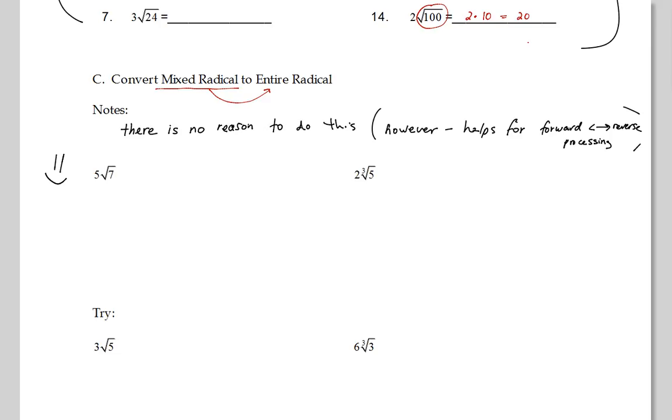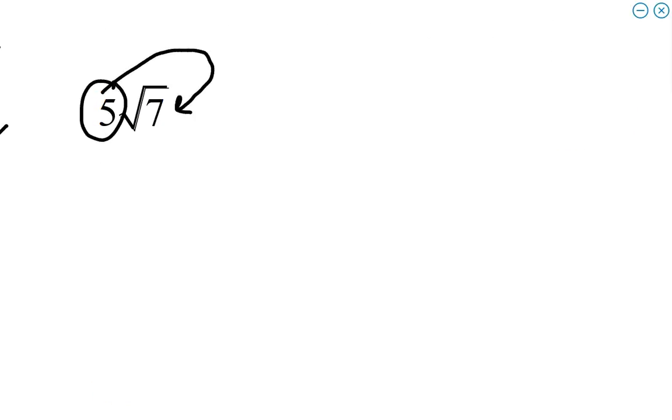What we're going to do is imagine what 5 would look like inside the radical. What would 5 look like if it went in there? What's 5 times 5? Remember, it's the opposite of square root. What square root took place that you ended up with 5? Square root of 25.